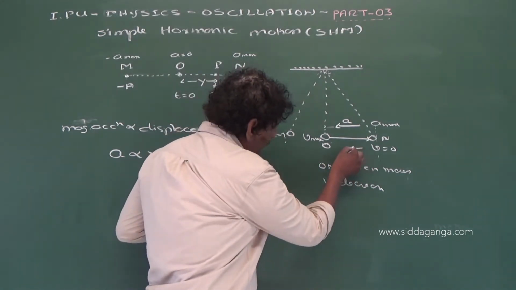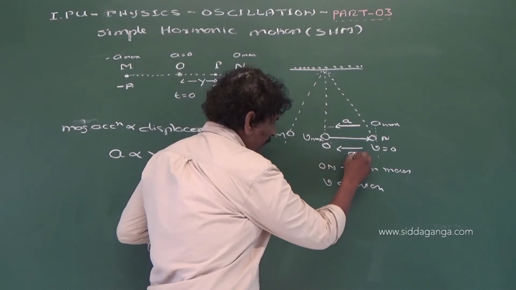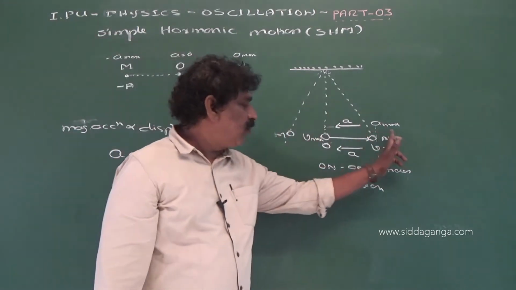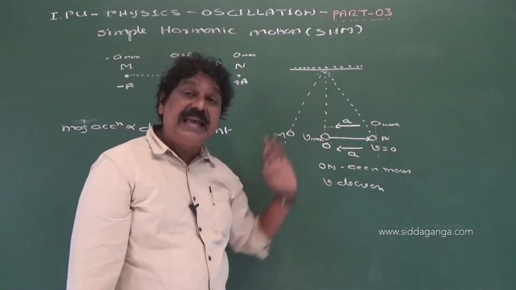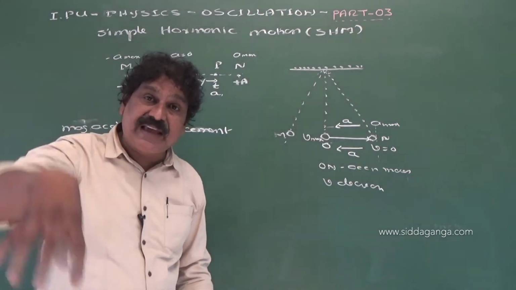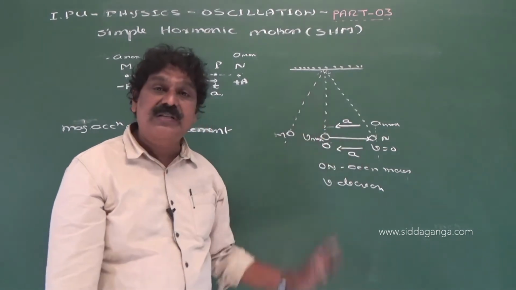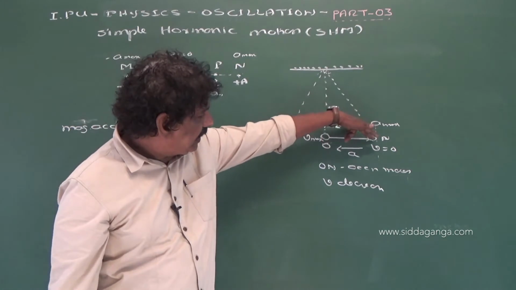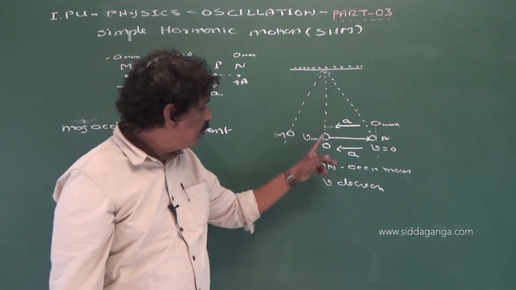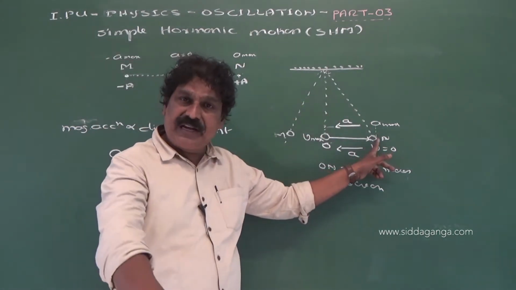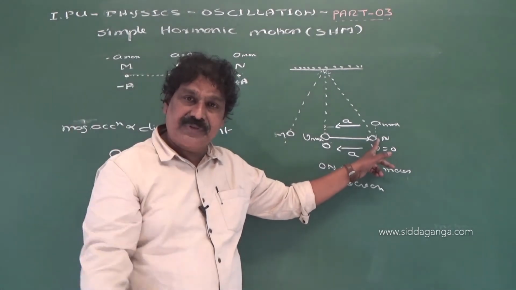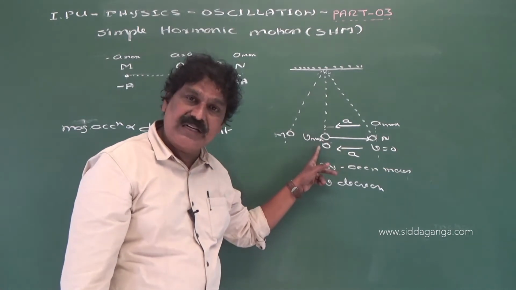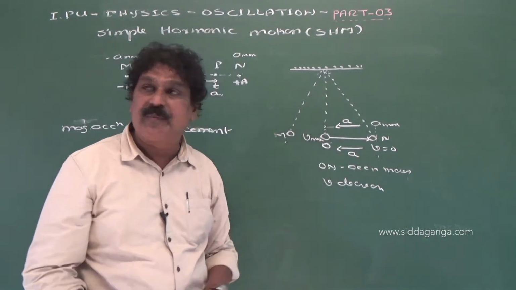Again see here, in both the cases, while moving from O to N or N to O, the direction of acceleration is always towards the mean position, that is along MO direction. Therefore, while moving from O to N, velocity decreases and becomes 0, and while moving from N to O, velocity starts from 0 and becomes maximum.